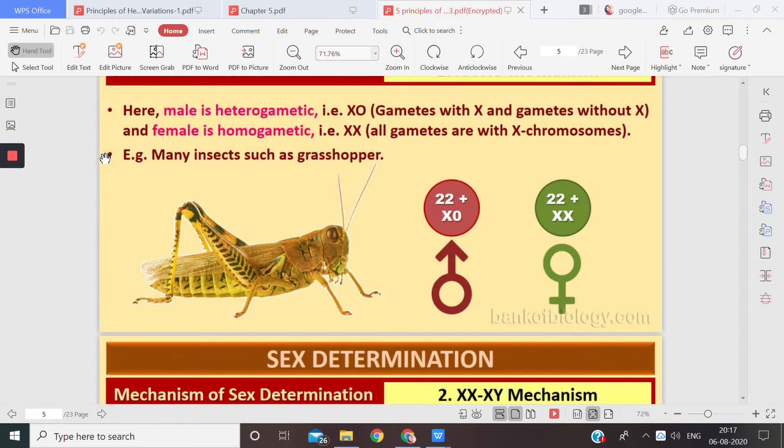Children, you see here male is heterogametic. Why?